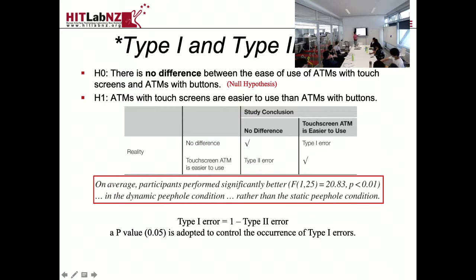And then 0.05 is adopted to control the occurrence of type 1 error, which means this one indicates the type 1 error. The reason why we choose a very small portion for the type 1 error is that the cost of the type 1 error is much higher. For that reason, if we choose this one, then maybe we will be in a safer, more stable zone.